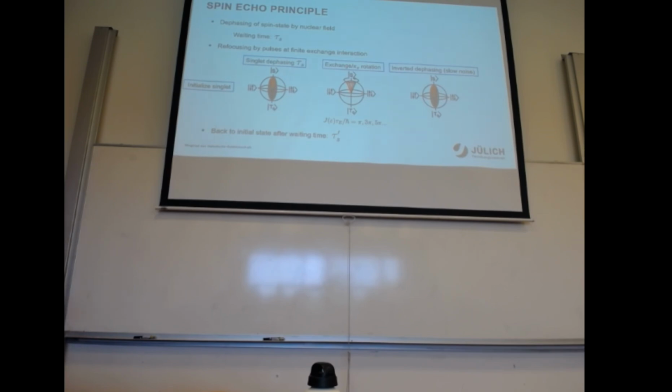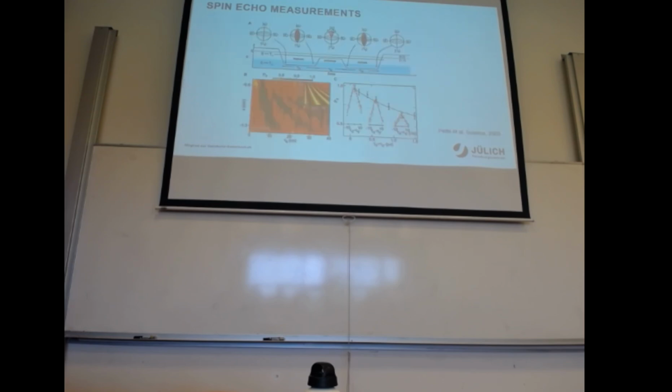Then you can apply many of these sequences, play more complicated tricks, and you end up with dynamical decoupling of a qubit. This is the pulse sequence: you have these wait times, and when you do the pi pulse, another wait time that should be equal in length to counteract all slow variations.